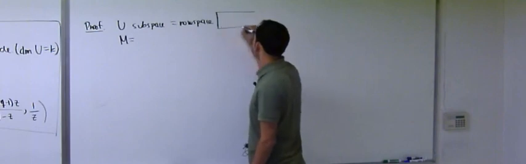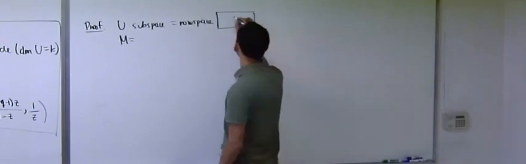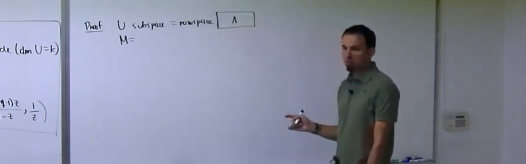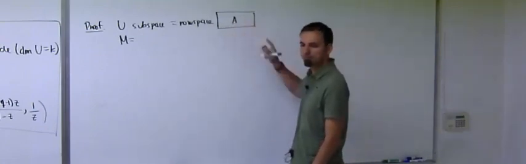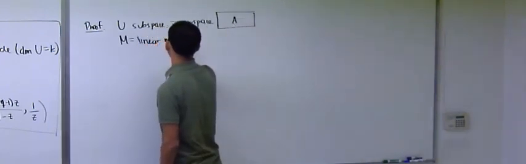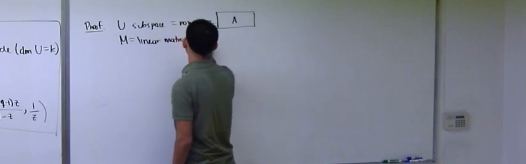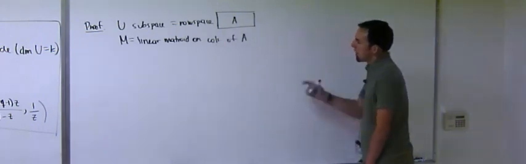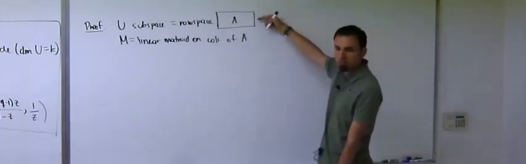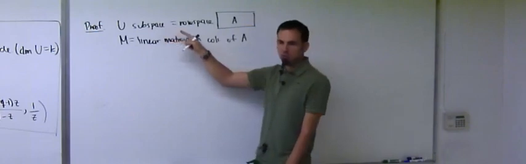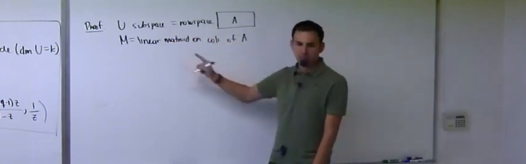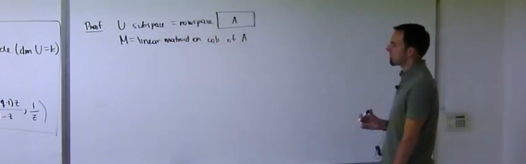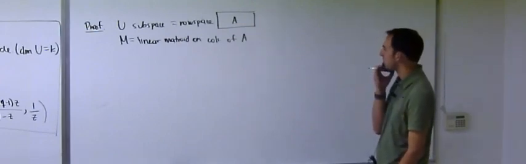We said that if you let this subspace be just the row space of some matrix, then the matroid M is the linear matroid on the columns of A. And we said that, of course, different matrices can give the same row space, but all of those matrices have the same matroid. This is what you proved in the first homework problem of homework 1. Okay?